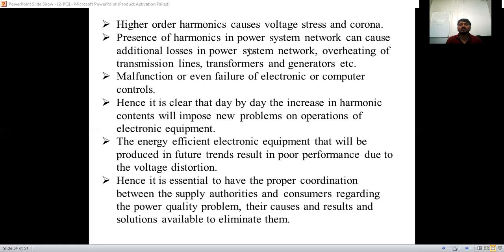Previously we were using the incandescent lamp, the round bulb, a 100-watt bulb. Those incandescent lamps were replaced by the fluorescent lamp, that is called a tube light. Because of its size, the fluorescent lamp was used only in industrial and commercial buildings.